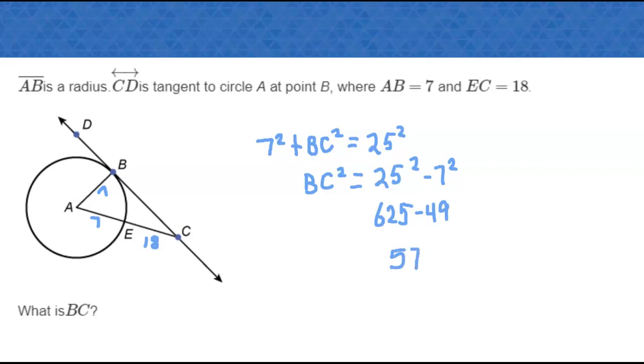And in order to find what BC is, we have to find the square root of 576. So the square root of 576 is 24, and BC is equal to 24.